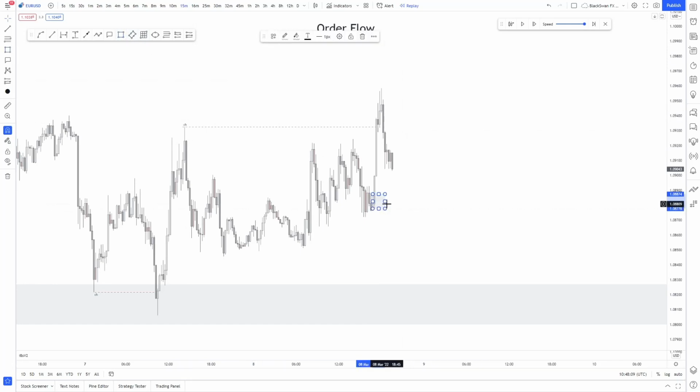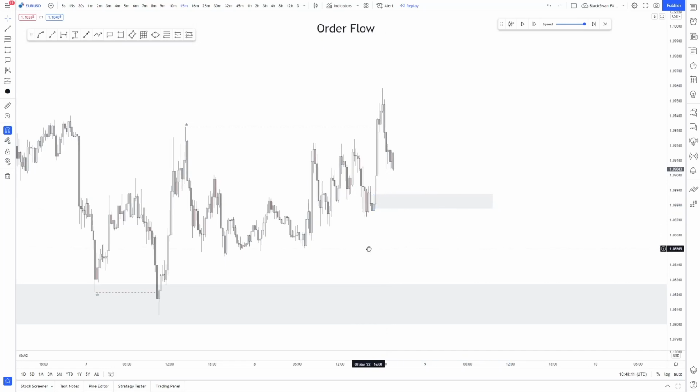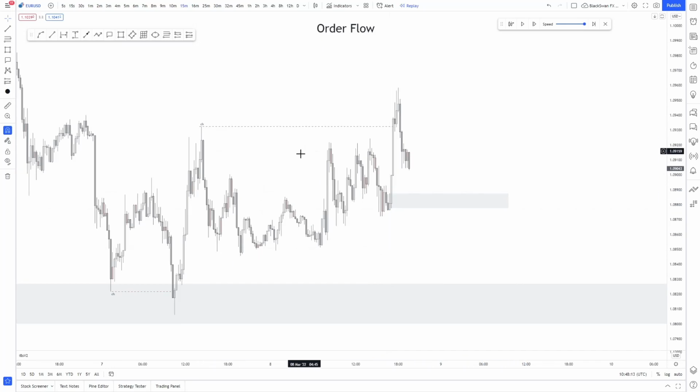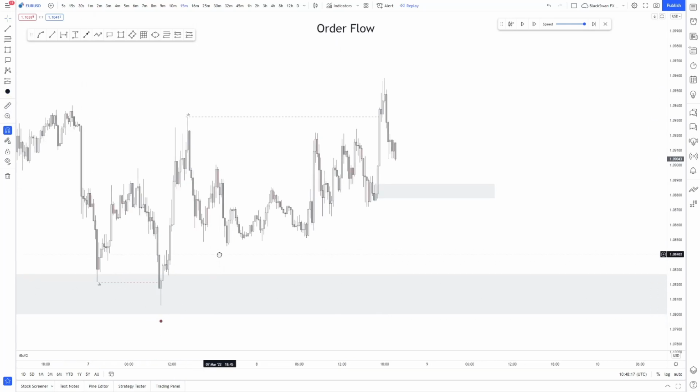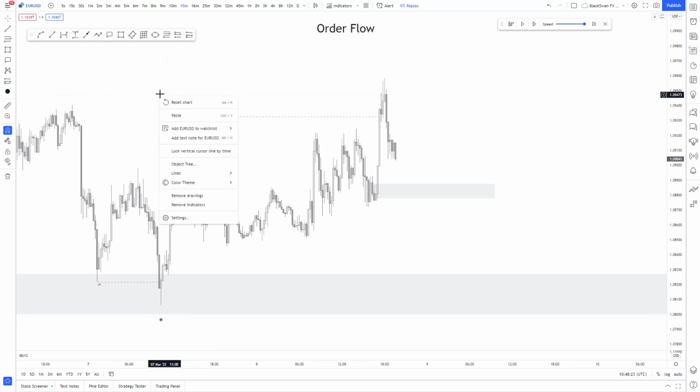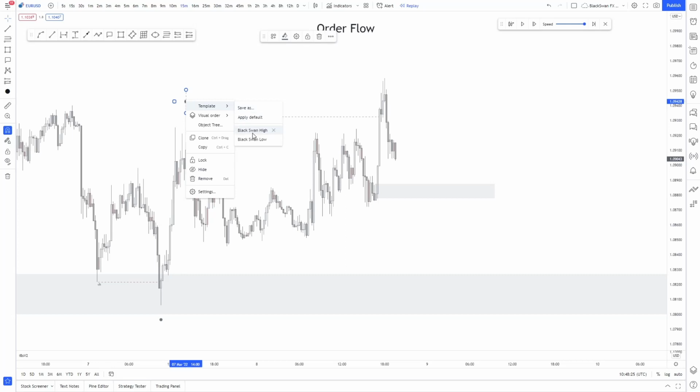And the break of this weak high signified two things, yeah? It signified that 15M structure was going to go bullish because we have our low here, 15M high here, yeah?